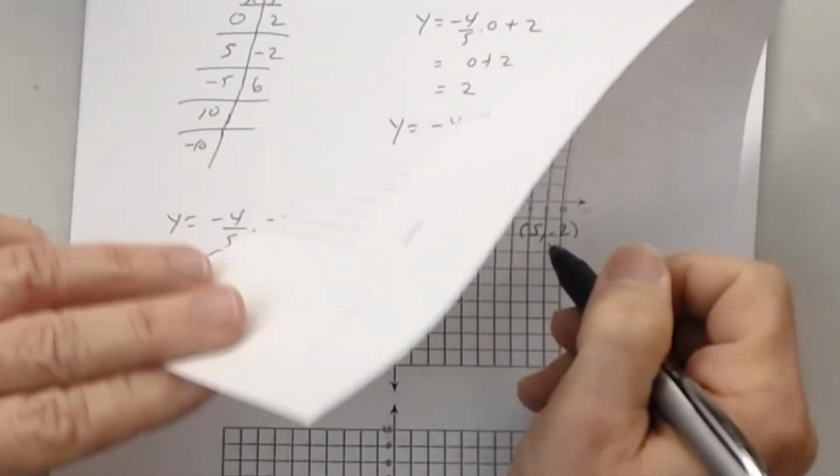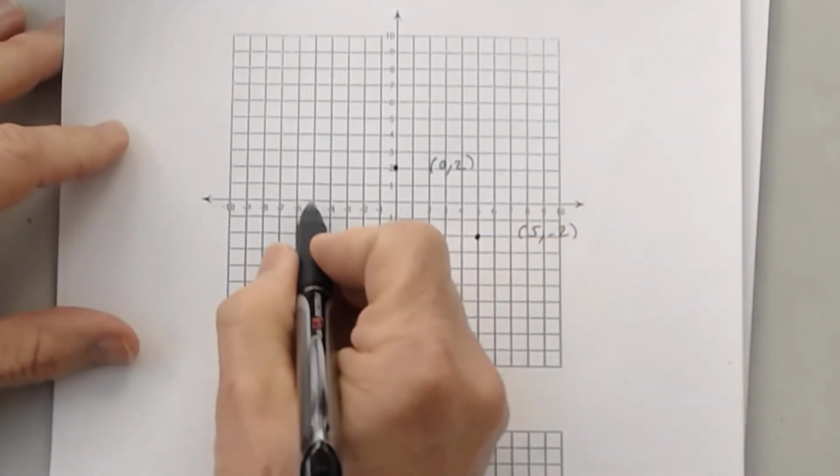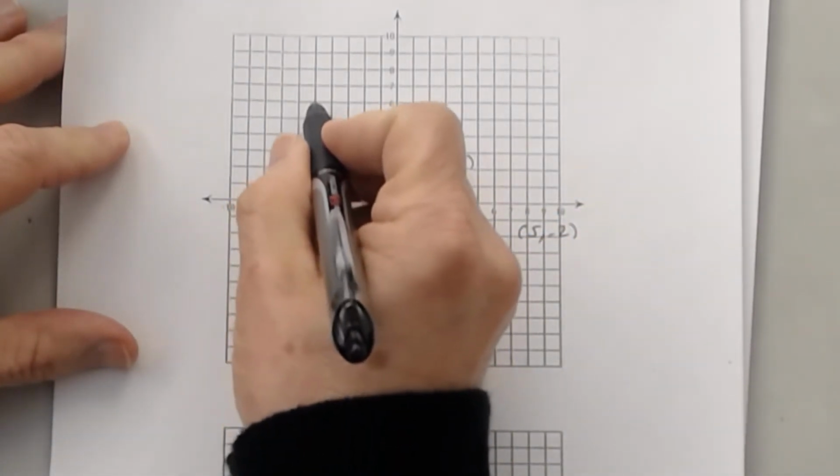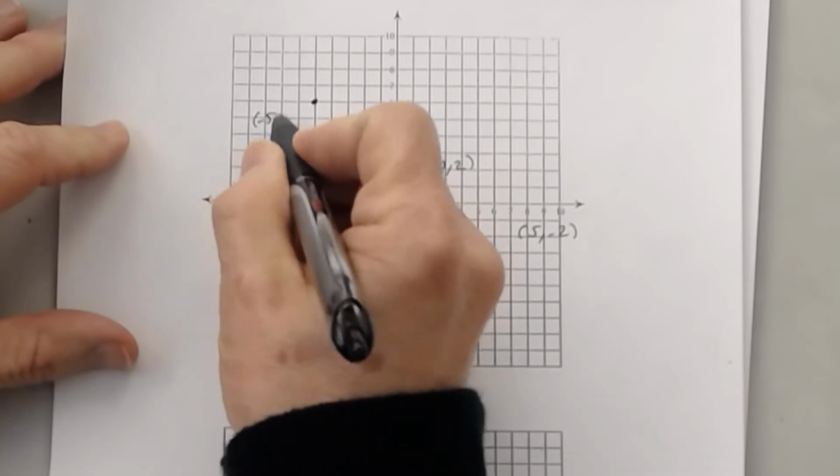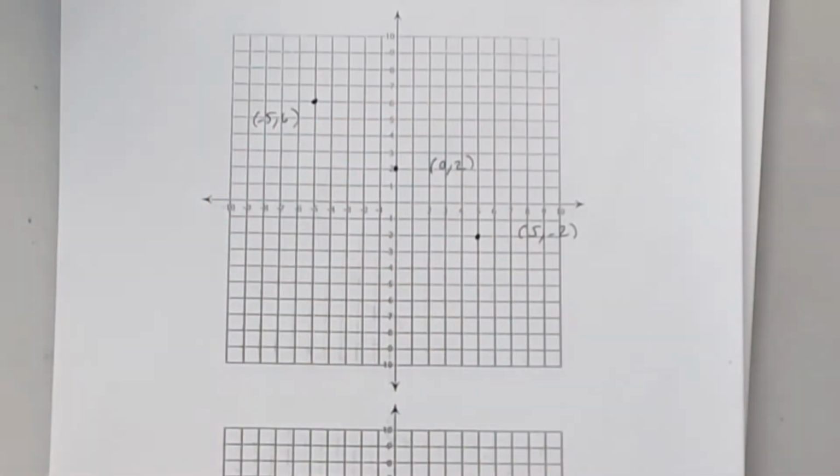And then negative 5, 6 is in the second quadrant. So that's here. And then just use your ruler and draw your line. Remember, those 3 points have to be collinear. Remember, from a geometry course in the past, collinear means that the points lie in the same line. That's all that means.